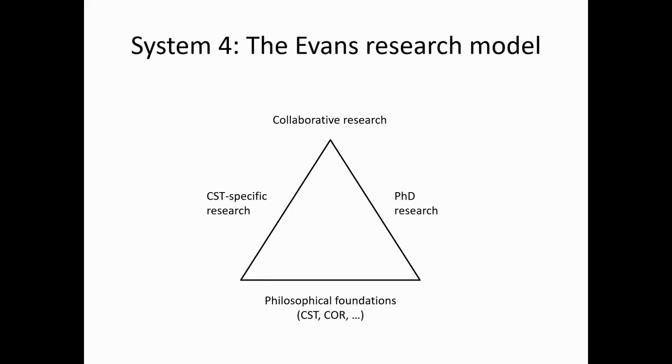On one side we have the PhD research; both you and I are committed to PhD research. On the other side we have the CST, or critical systems thinking, specific research. Here, unlike the previous matrix, we do more like Jackson, who defines critical systems thinking as covering both humanistic radicalism and structural radicalism. The vision.